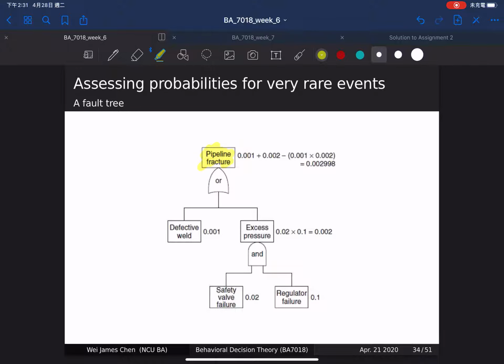I want to know what will actually happen in the end first. And then I ask, what could cause this to happen? Here, it says that either the defective weld or the excess pressure, these two events can cause the pipeline fracture. And the OR here means either can cause it, as long as one of them happened.